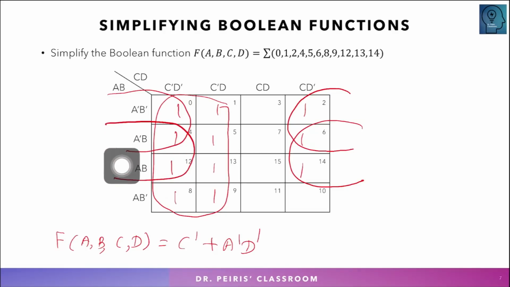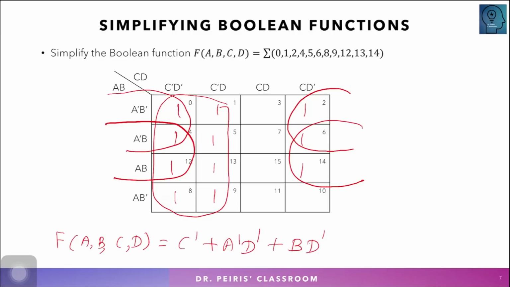So what's common? B. And then it's on the first column again and the fourth column. So what's common for first and fourth column? D prime. So it's going to be B D prime. So this is how you do grouping in a question like this.